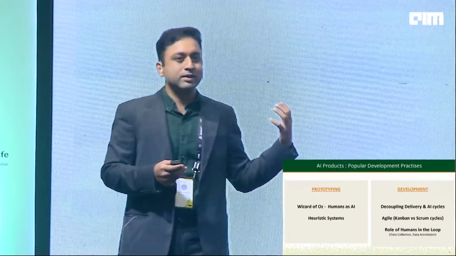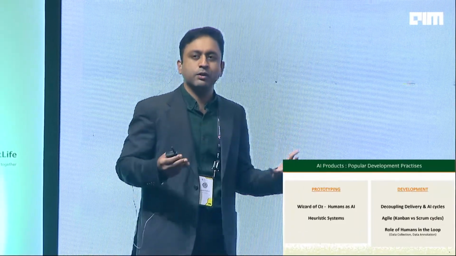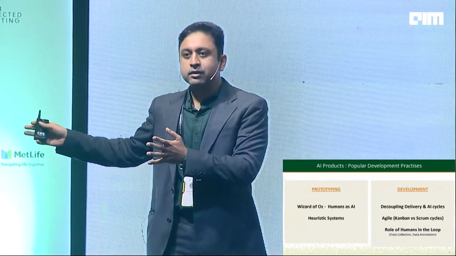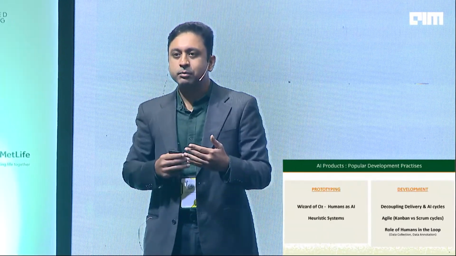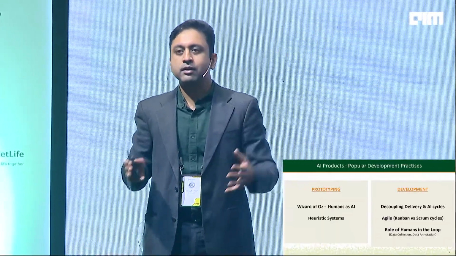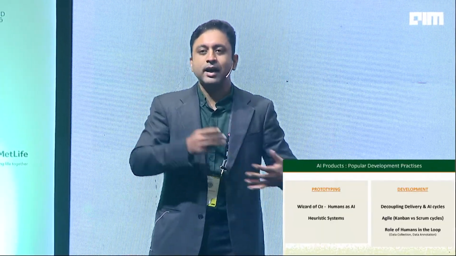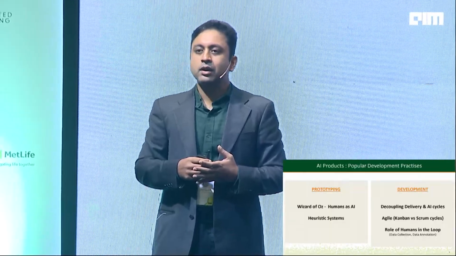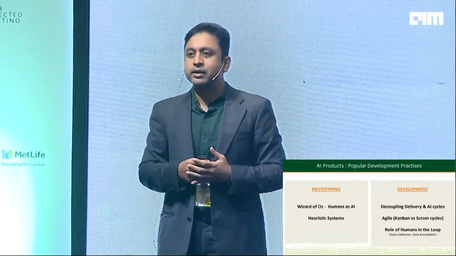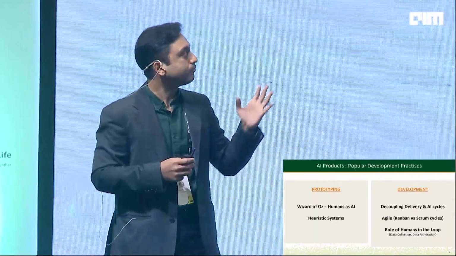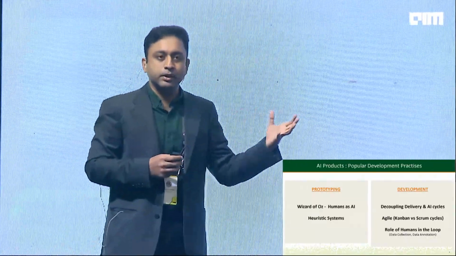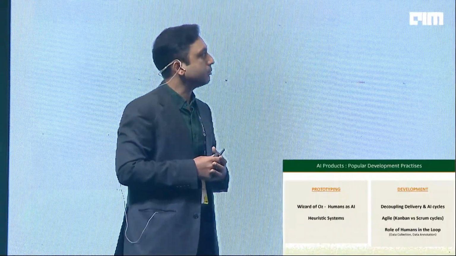And that's where heuristic systems come into play. So for example, if you want to run a user study, we don't really have to build the entire backend. We can have a simple rules-based system that could mimic some portion of it, conduct user studies based on that, and after that, if that's successful, using the typical A/B tests, then it could be taken up by the data science or AI teams.